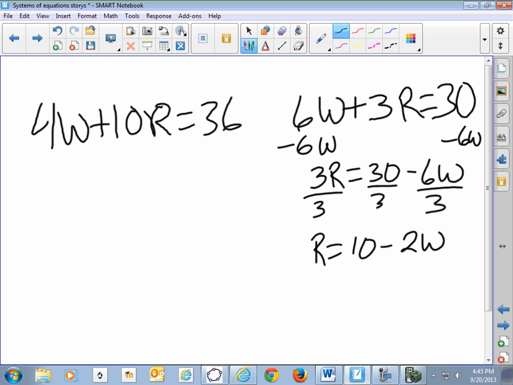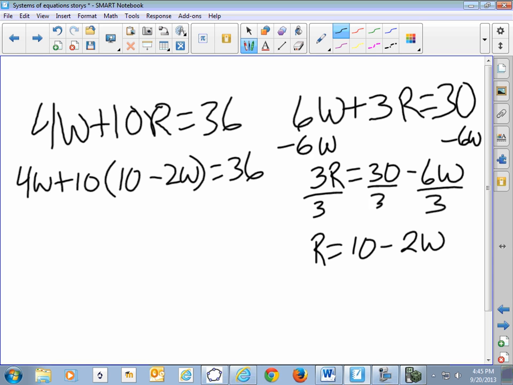So now I can rewrite this one over here as 4w plus 10, instead of r, I will put 10 minus 2w equals 36. 10 times 10 is 100. 10 times -2w is -20w.